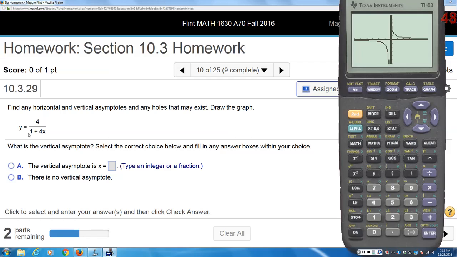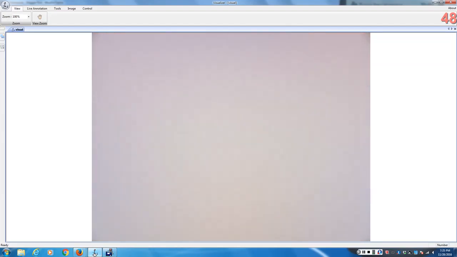We have to actually see what x would have to be to make 1 plus 4x be 0. So I'm going to go over here to the pencil and paper part of this for a second and say what would cause 1 plus 4x to be 0? Whoa, I think I got a little carried away there.